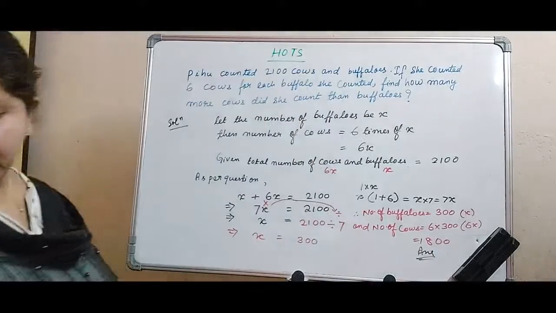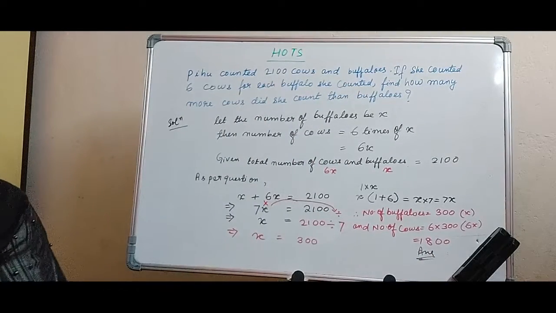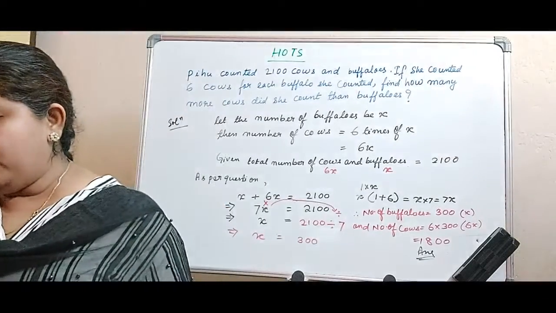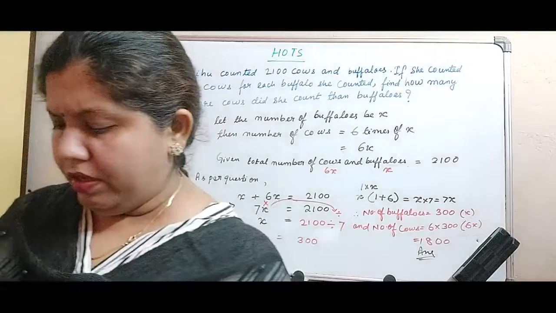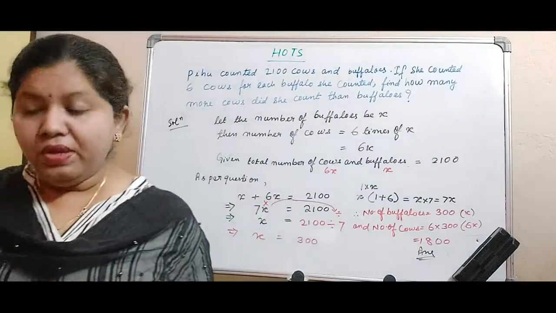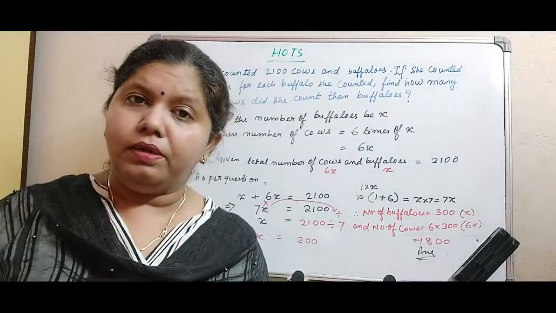Let us move to the next, that is Objective Moves. In Objective Moves, let us move to the first question. A car covers 3150 kilometers in a week. In a week means how many days? It is 7 days. So in 7 days the car covers 3150 kilometers.